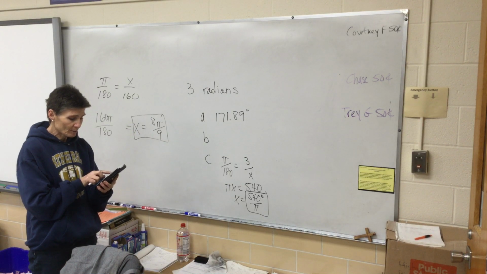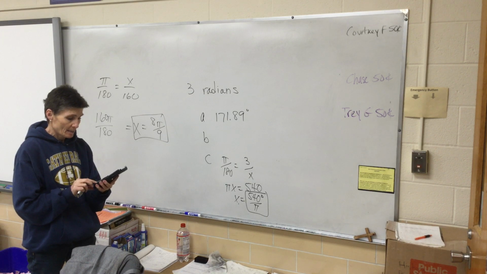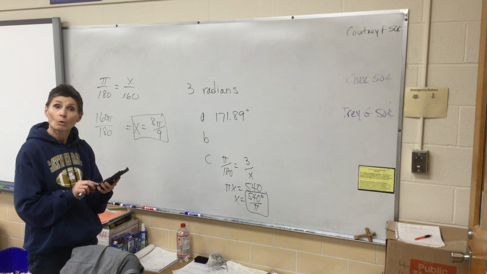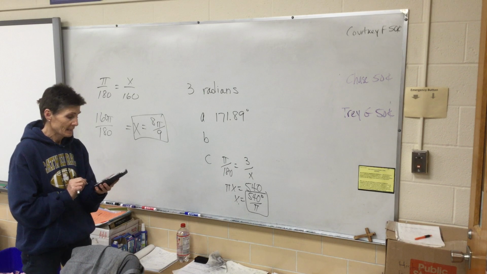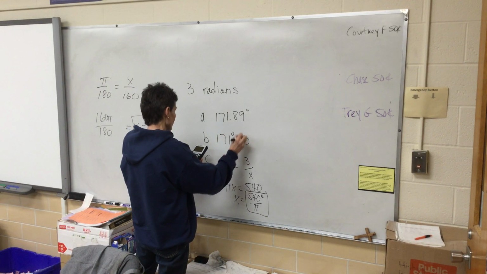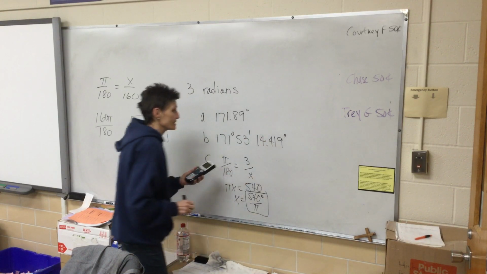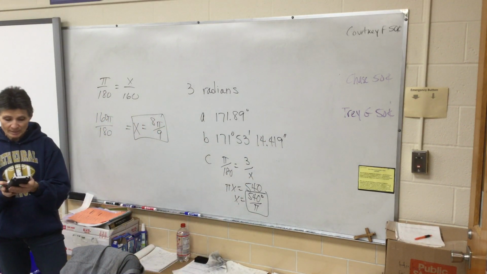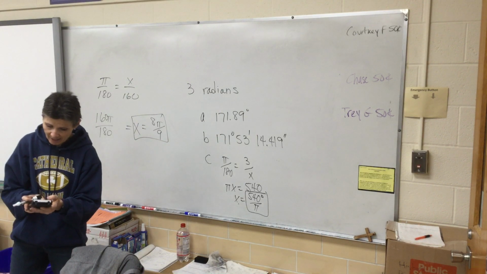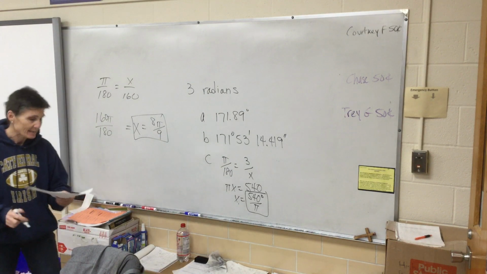Now, I'm going to go to second angle, and I'm going to go down to number 4, DMS. And it's 171 degrees, 53 minutes, and 14.419 seconds. So second angle, and then choose DMS for degrees, minutes, seconds.